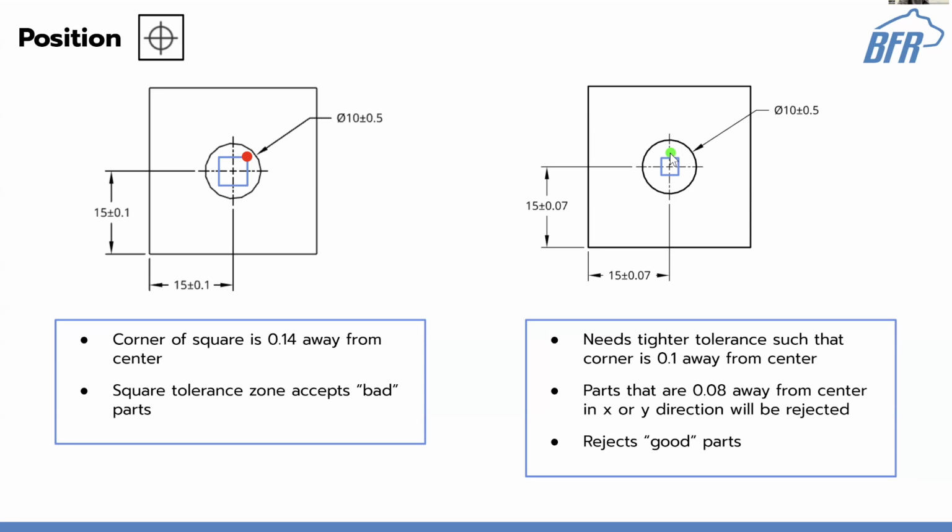Especially with holes, you might see that if you use circular tolerance zones, it gives you a much more accurate idea of what's acceptable and what's not. So this example where you make it smaller to compensate rejects good parts and is really tight. This one is maybe accepting parts that aren't usable.